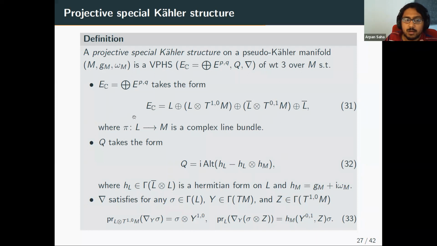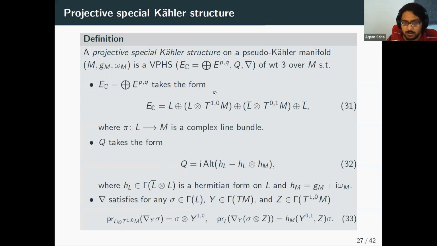Okay, and this also has to have a flat connection, nabla, on E, and it has to satisfy a certain condition. So basically, what this is telling us is that if I take the covariant derivative of a section of L, which is living in the 3,0 part of this Hodge decomposition, and then I project it onto the 2,1 part, then I get basically the tensor product.